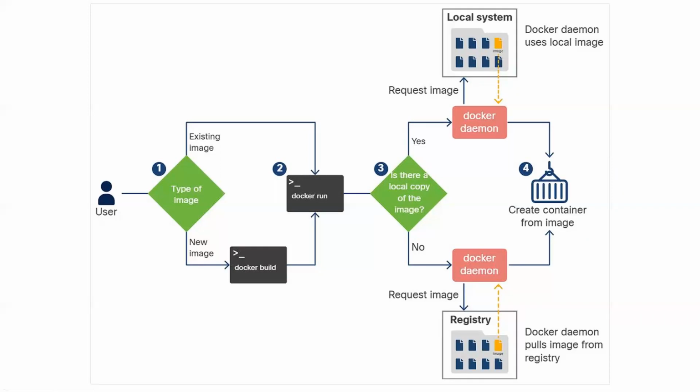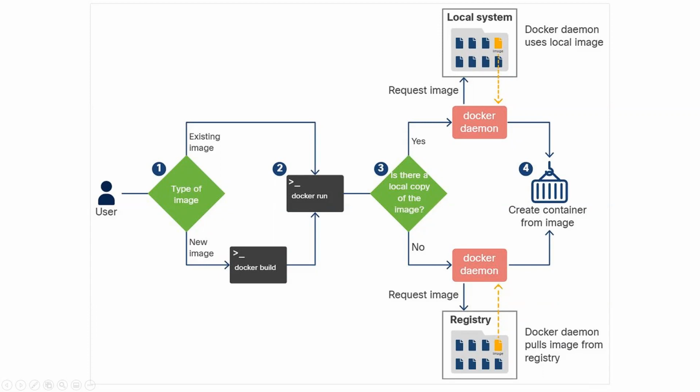If it does not, it pulls the image from the registry. The Docker daemon creates a container based on the image, and if Docker run was used, logs onto it and executes the requested command.